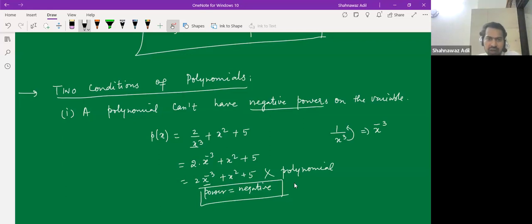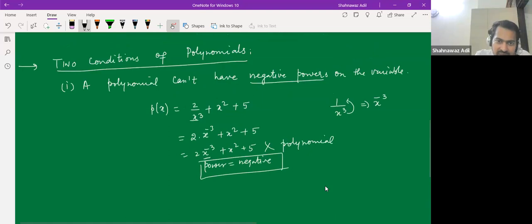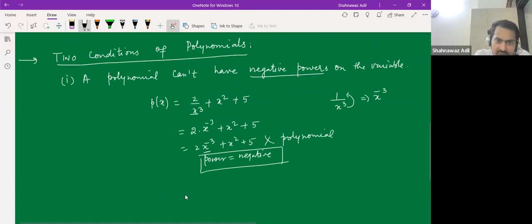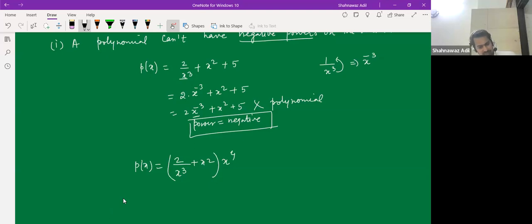Now the second condition, but before we do that, as I was saying in the class, tell me, is this a polynomial or not? No, sir.